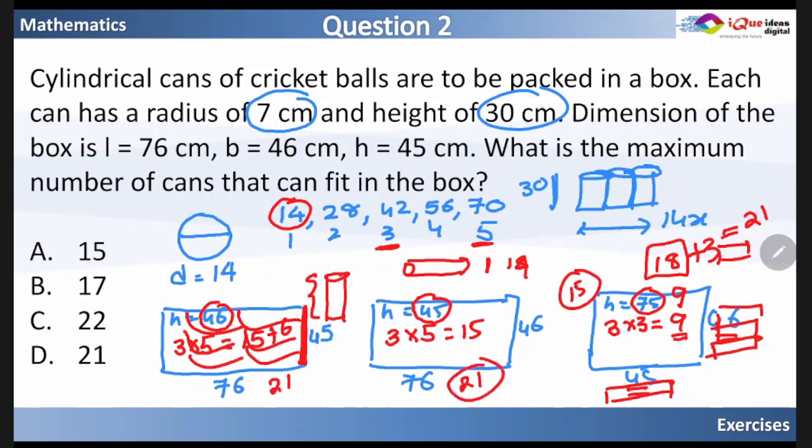Maximum I can go with 21 in each case. So the maximum number of stacking which is possible is actually 21. You can't stack more than that, but 21 definitely you can stack. So some vertical, some horizontal.